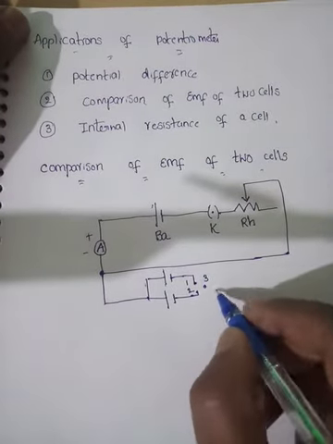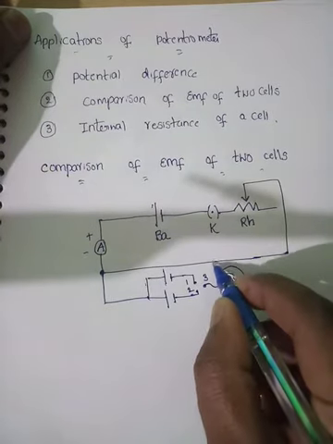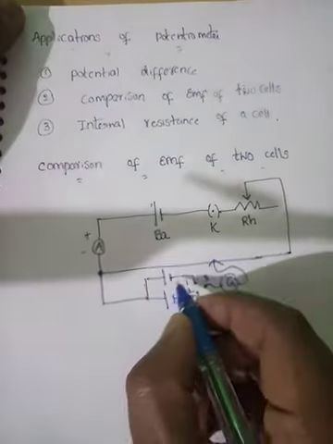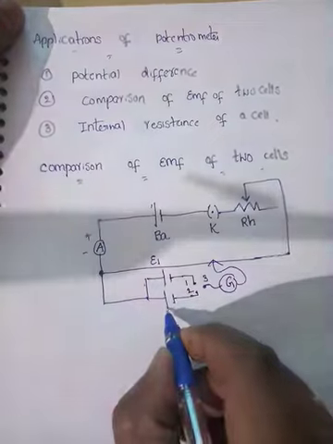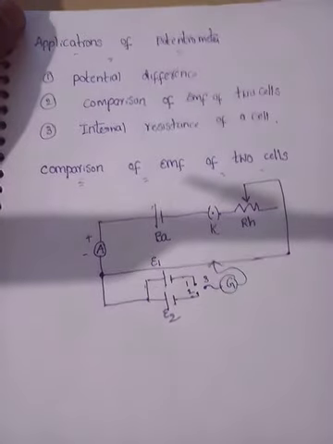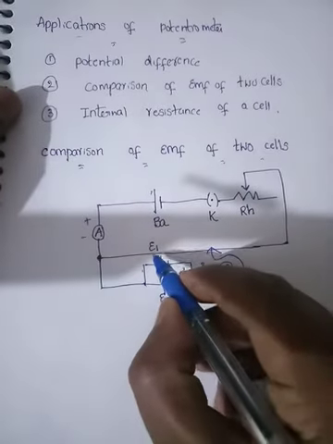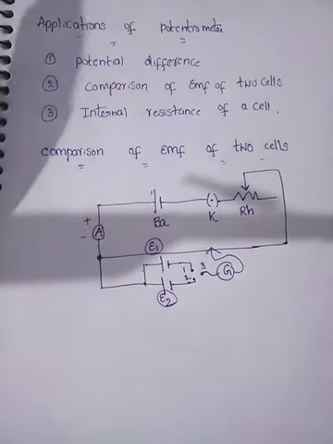This is connected to the galvanometer, and the galvanometer is connected to the jockey. So what we are going to calculate here is the comparison of EMF of two cells, E1 and E2. This is the circuit to compare the EMF of two cells. Let us consider the EMF of this one is E1 and this is E2.